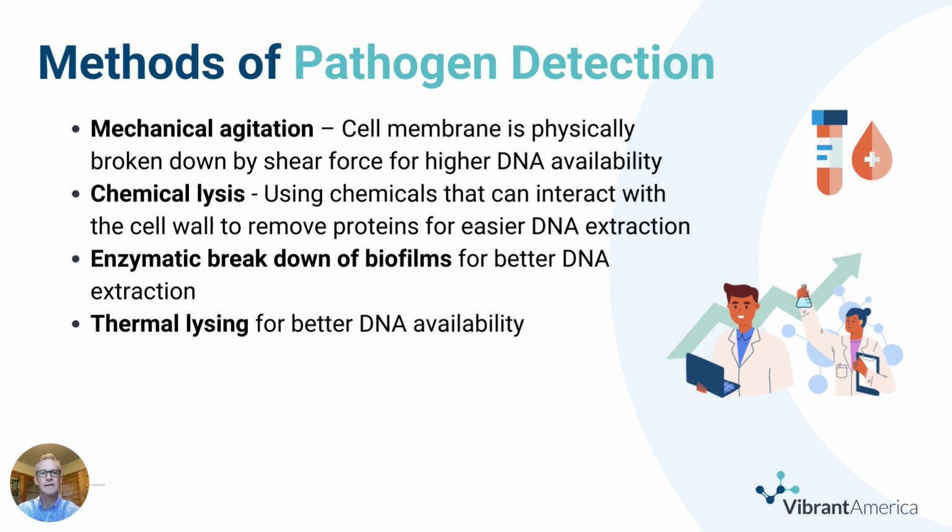A couple of different ways we do that: mechanical agitation, where the sample is vigorously shaken by a machine to help break down the cell membrane. We also use chemical lysis, so certain chemicals can also help break down those membranes or the biofilms to help us pick up more of that DNA. Also enzymatic breakdown of biofilms, similar but a different process, and then thermal lysing, which uses heat, again, to open up those cells. And of course, the end reason for doing all this is to pick up more of that DNA so we're better able to detect the presence of those pathogens.